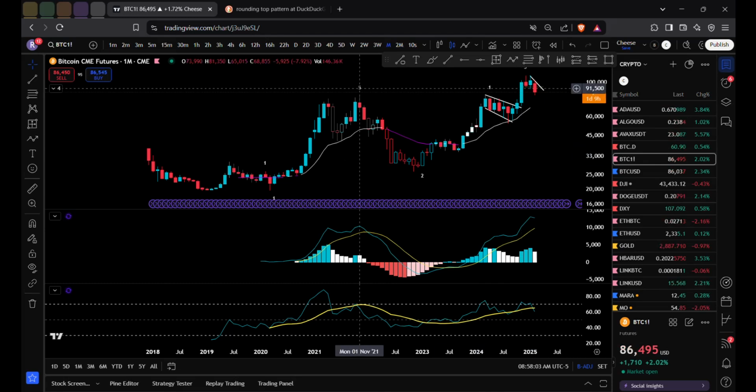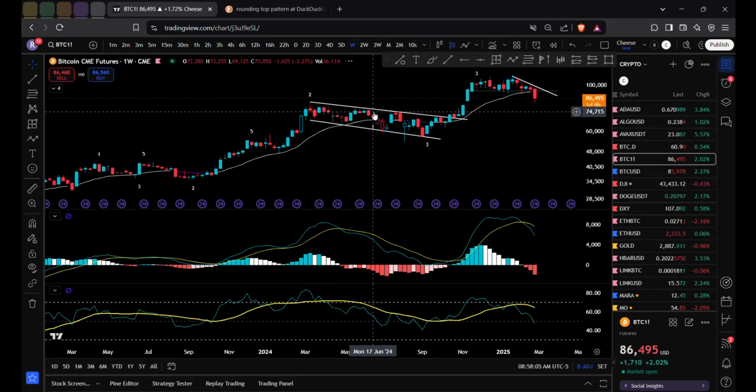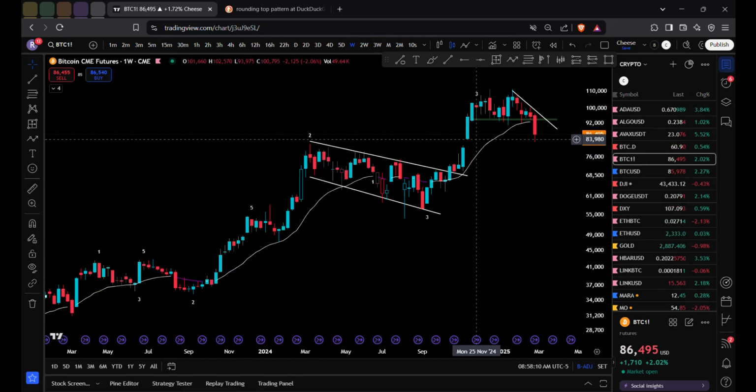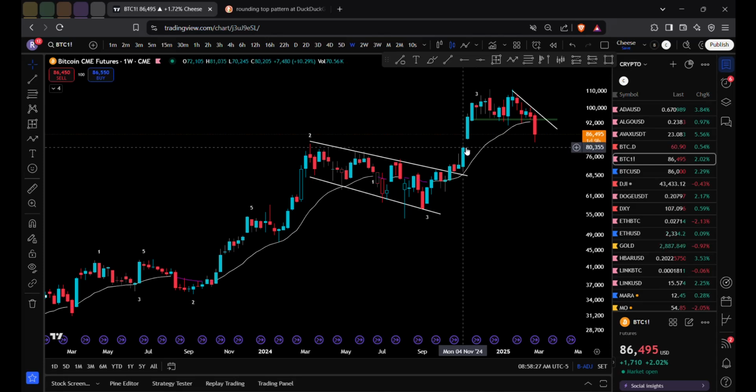So with that being said, the CME chart sometimes shows gaps because the CME exchange is open like the stock exchange. It's not 24 hours like regular crypto. So because of that, during after hours or pre-market, sometimes there's a gap in price. So it closed at 80,000 on the 4th of November and opened at 83,785.